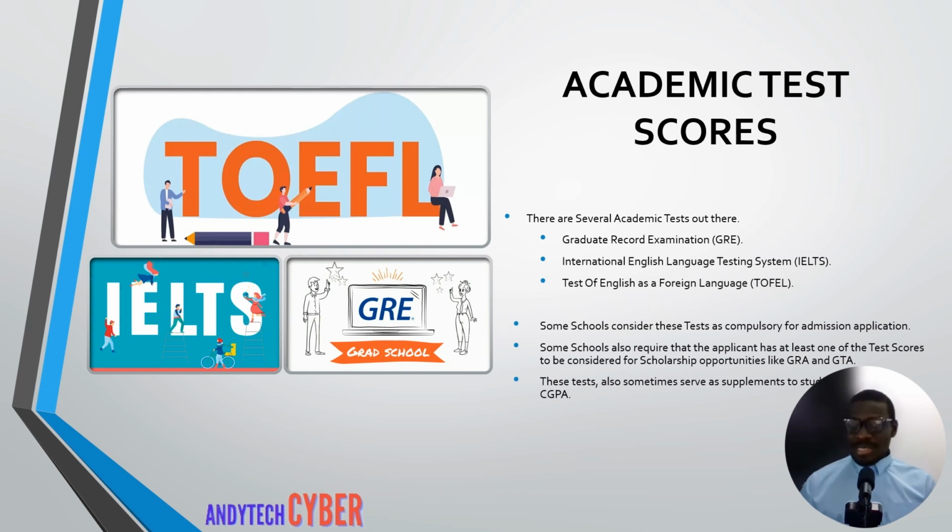So compare someone who just completed with first class and doesn't have any of these tests, and let's say I also completed first class and I've written GRE and passed. Now I add GRE to my first class CGPA, and then both of us apply. They'll consider me, especially when it comes to these scholarships.